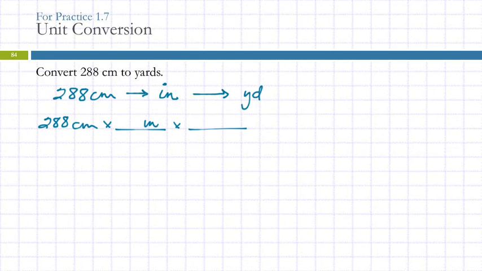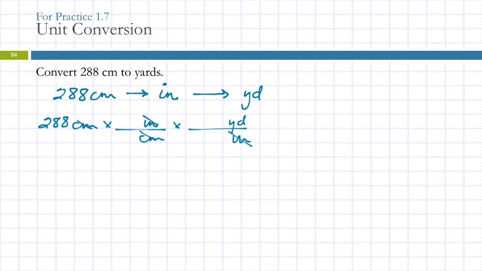Centimeters to inches to yards. Just copying them down. Then I take this first unit, I want that to go away, I'm going to divide by it. Centimeters divided by centimeters cancels out. And then I want inches to cancel out, so I put inches in the denominator and it'll cancel.